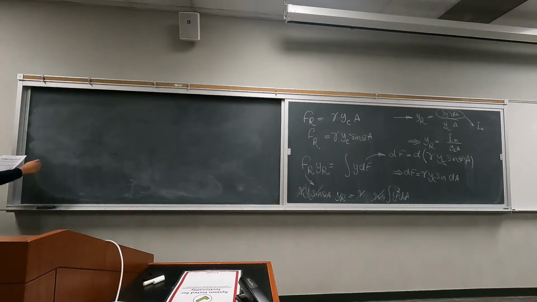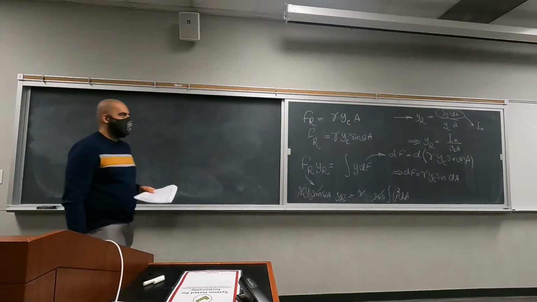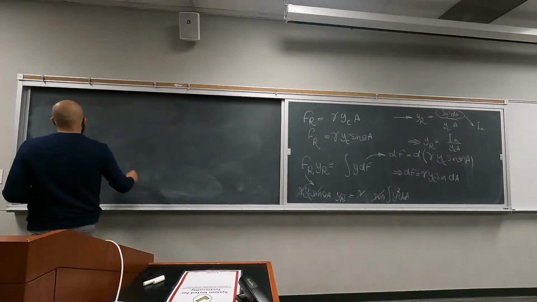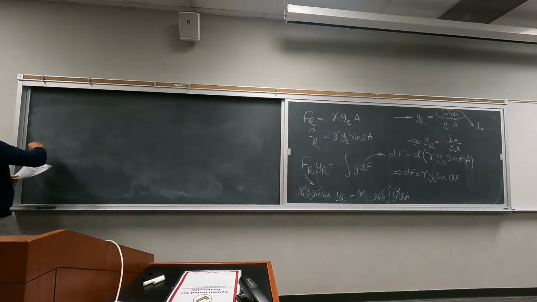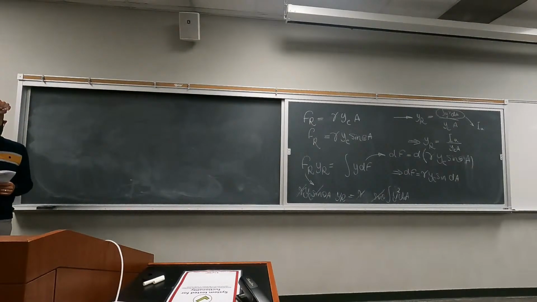And that's actually that I_x. Does anybody remember the parallel axis theorem from your statics for the moment of inertia? Okay, we're going to forget about the derivations here then, because I don't want to go into that detail.